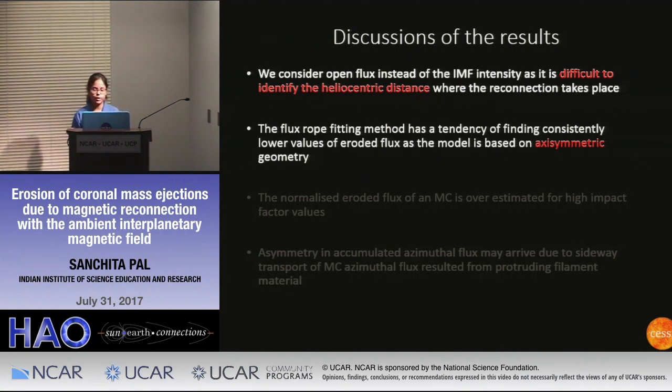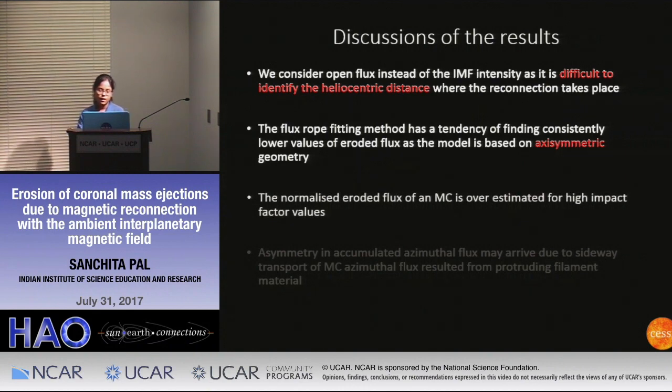That's why whatever result we get will be a consistently lower value. As we are doing this for a huge data set, two solar cycles of data, that will not affect our result, because for all of the data the effect will be the same.